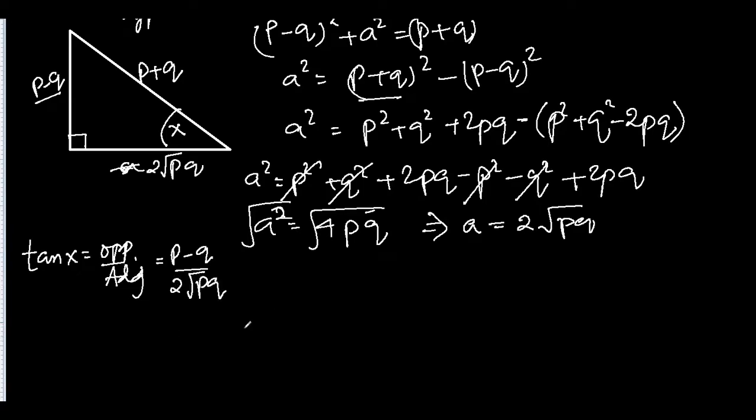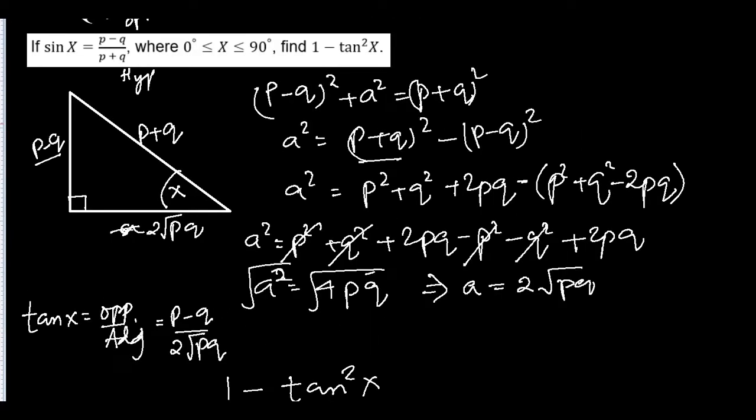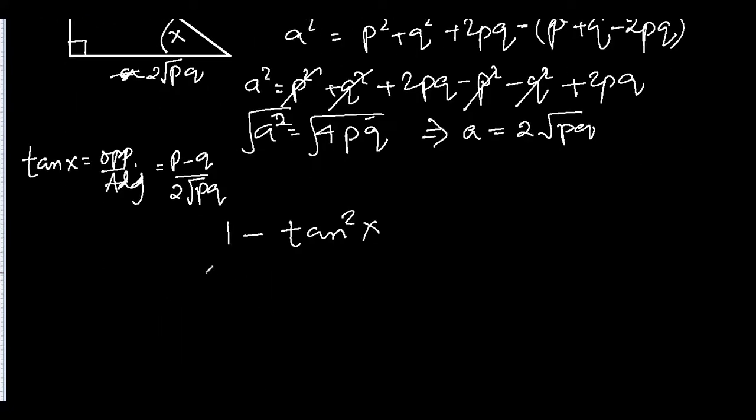But the question is 1 minus tan square x. That's what we have to express. So we'll just substitute what we just got. This is tan x: P minus Q over 2 square root PQ, squared.